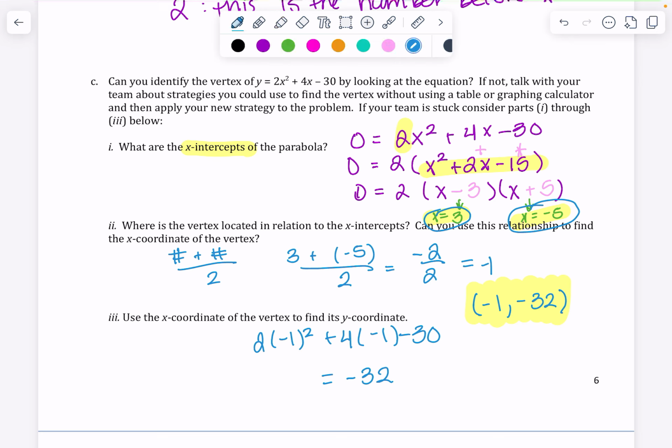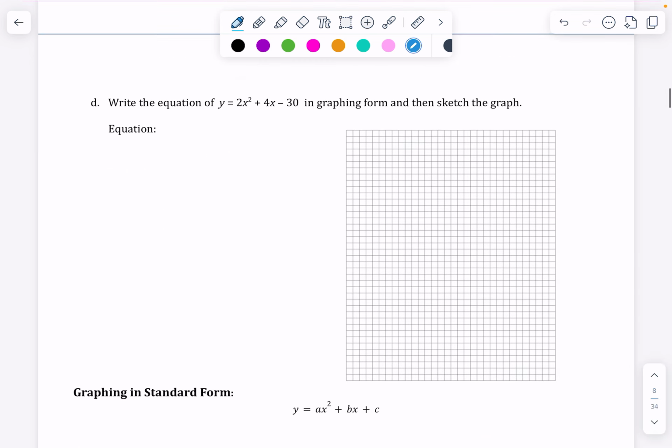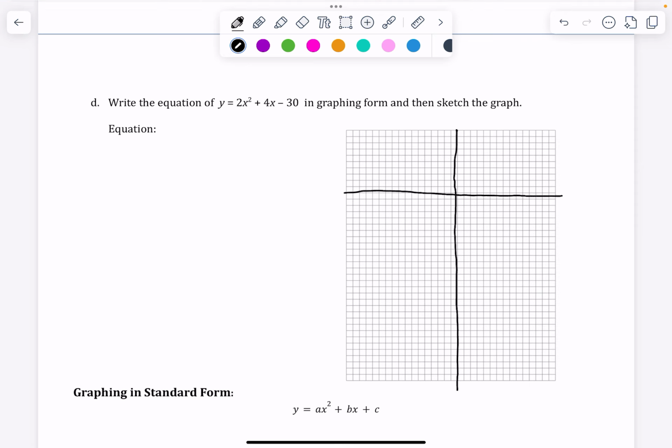So we would have enough information at this point to go ahead and graph our parabola, right? So let's see what we got. I'm just going to make a quick sketch of our axes. I'm going to put my x-axis a little bit higher since we have to go all the way down to -32.